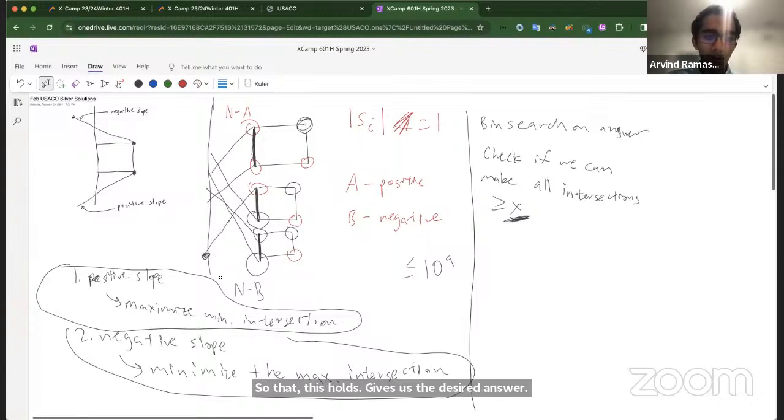So if you want to check if it's greater than or equal to x, let's say we want to check if the min intersection is greater than or equal to x, if it's possible to have some kind of arrangement. For the red points, we have an upper bound on the slope if we don't want to cross this.